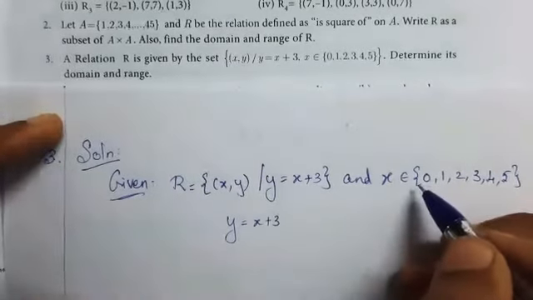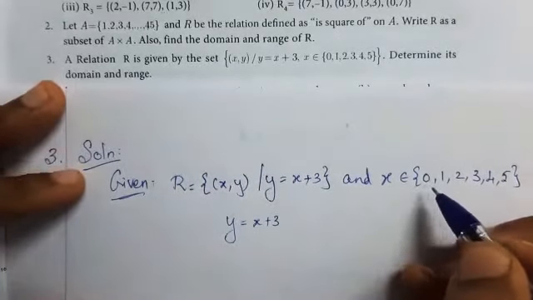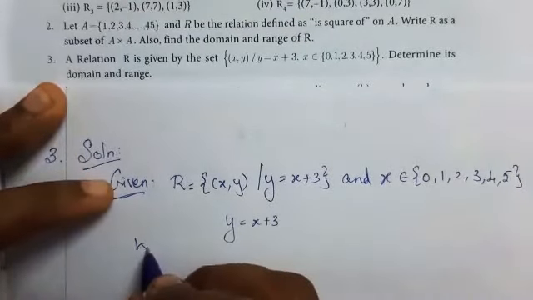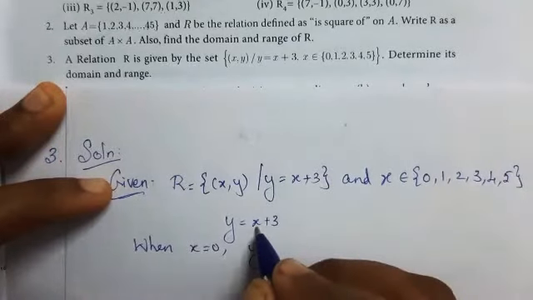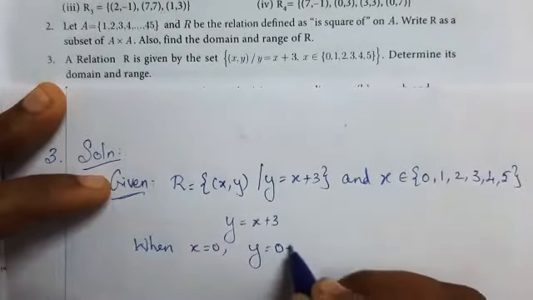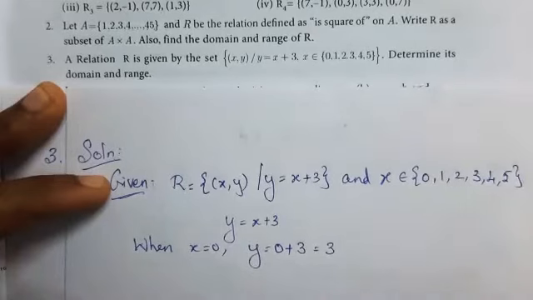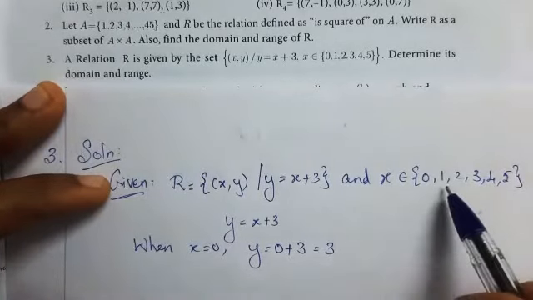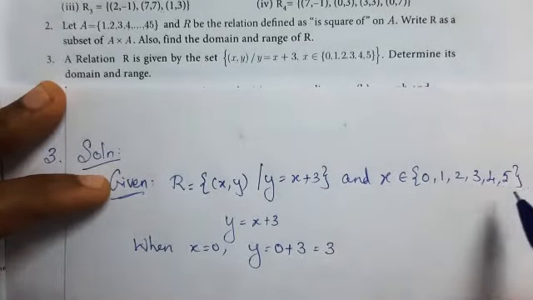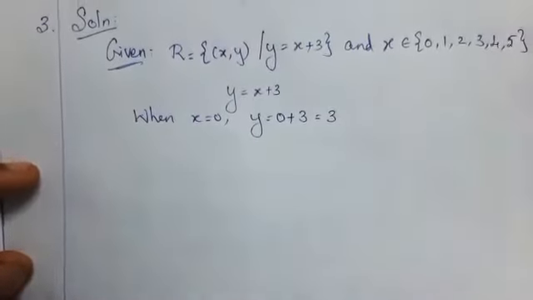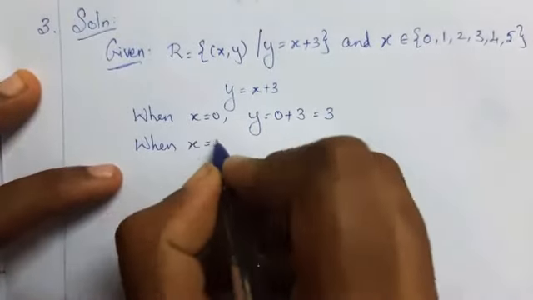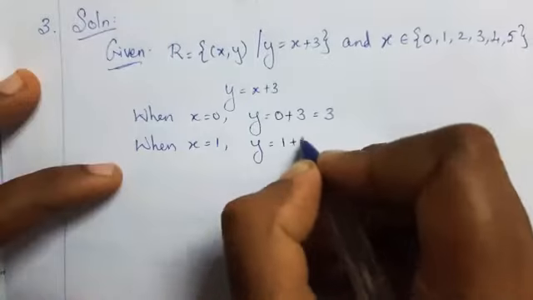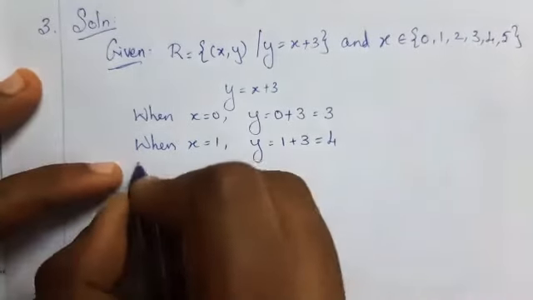First, substitute the value x is equal to 0. When x is equal to 0, y is equal to, in the place of x, you substitute 0, 0 plus 3, that is 3. Then substitute 1, 2, 3, 4, 5. When x is equal to 1, y is equal to 1 plus 3, that is 4.